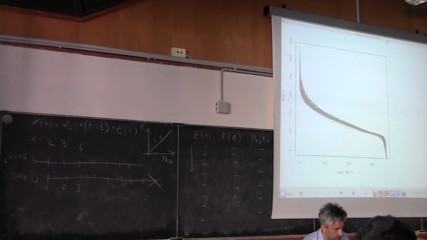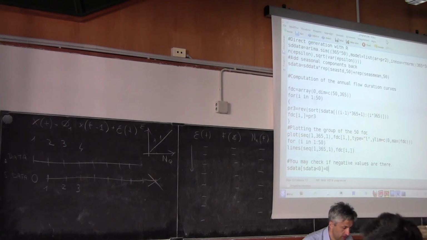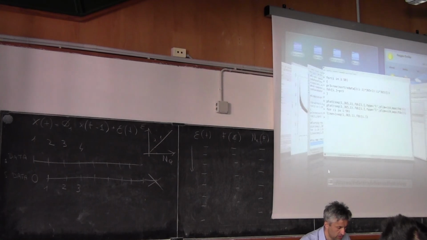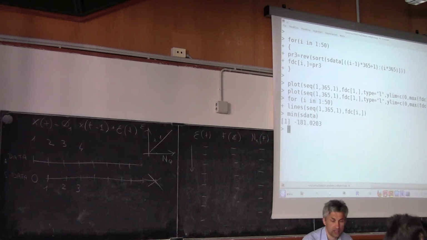And you see that at the end of the code, it is written that you may check if negative values are there. In the simulation, it may happen that the simulated data, the s data, have negative values. If you look for the minimum value, you see that there is a negative value, because the stochastic process doesn't take into account that the data are bounded by 0.